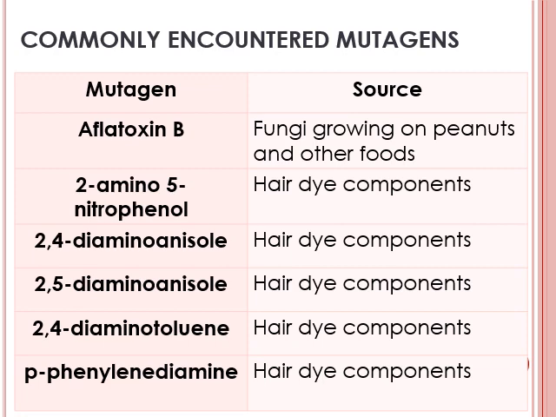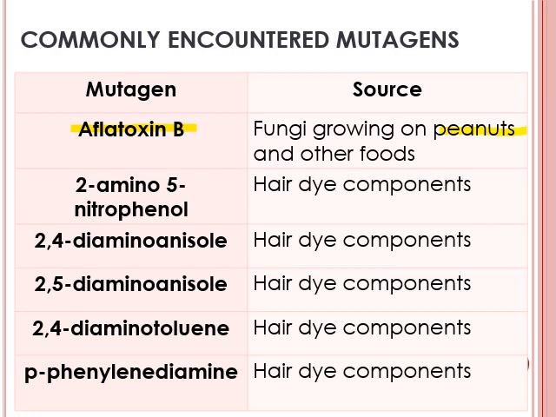So, commonly encountered mutagens: you have aflatoxin B, fungi growing on peanuts. Then we have 2-amino-5-nitrophenol, 2,4-diaminoanisole, 2,5-diaminoanisole, 2,4-diaminotoluene, and phenylenediamine.